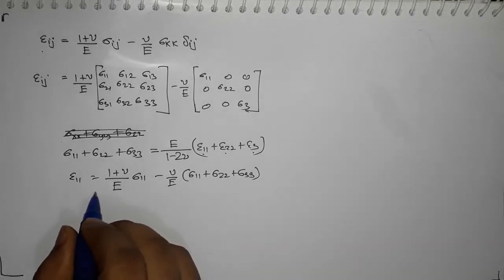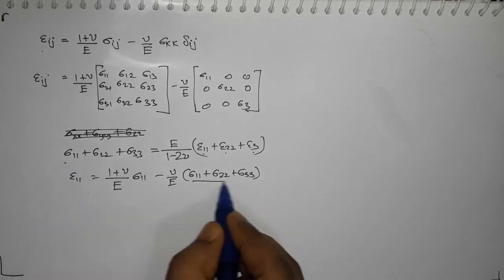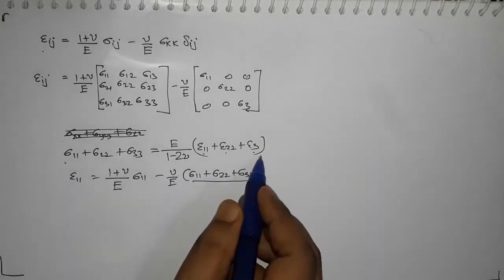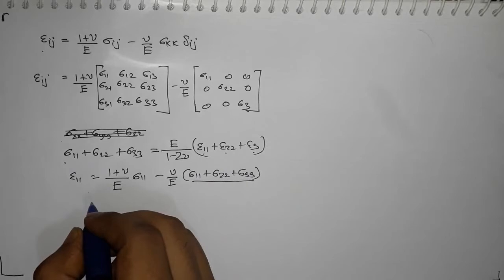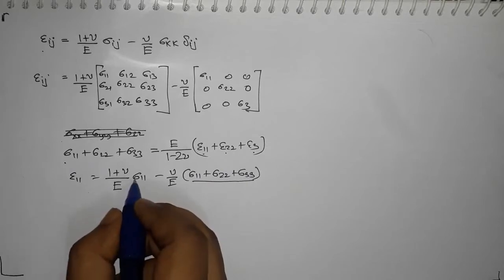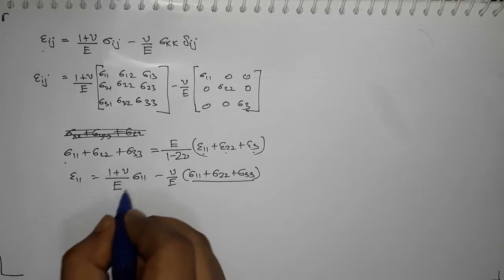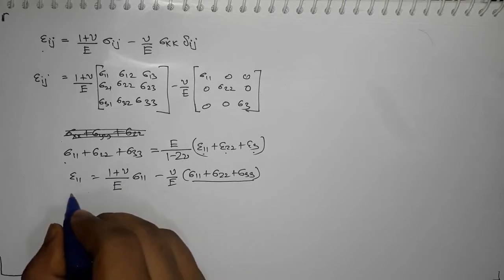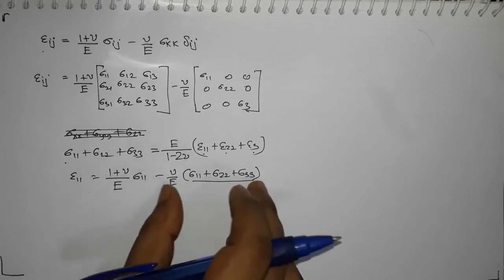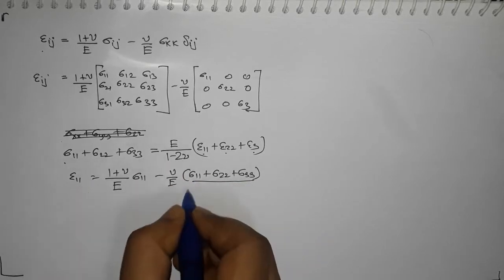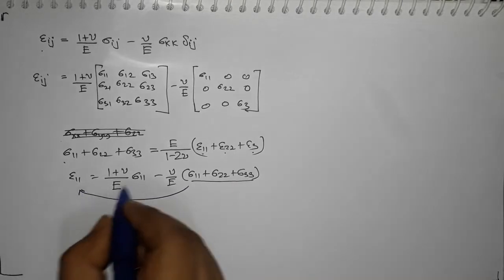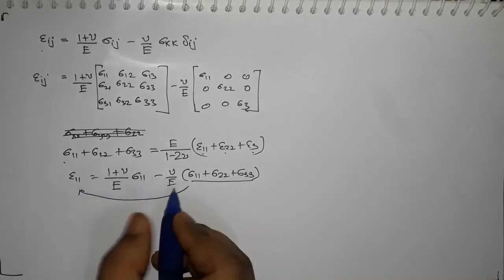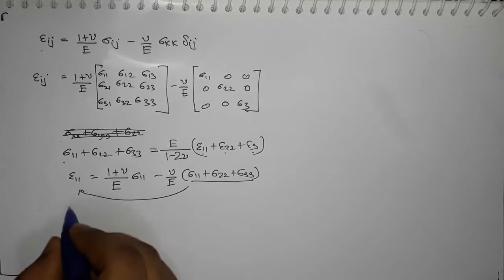Now we can replace this term with this. So what happens if we do that? We take the sigma 1 1 term on one side and the epsilon term on the other side, and then just flip it.